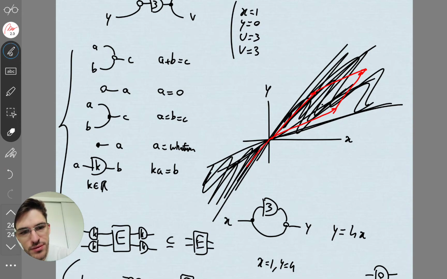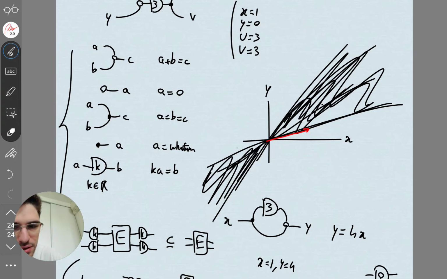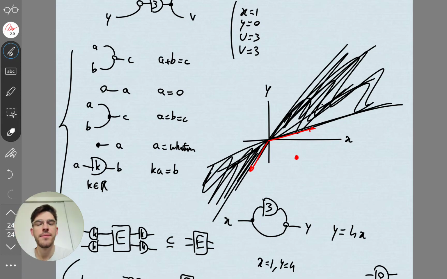But also this one, plus, so that kind of sums to 0. Let me find a better example. Maybe this point here and this point here, right? And they sum to something like, okay, they sum to this point here.